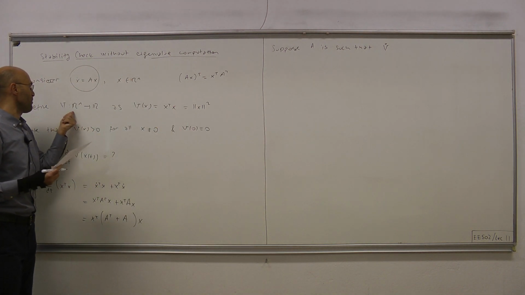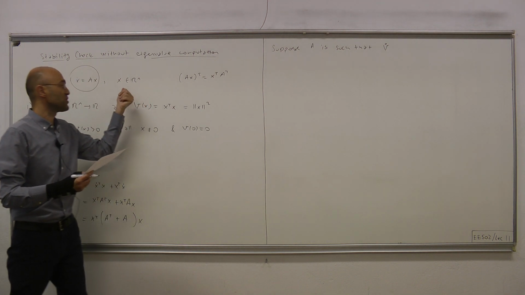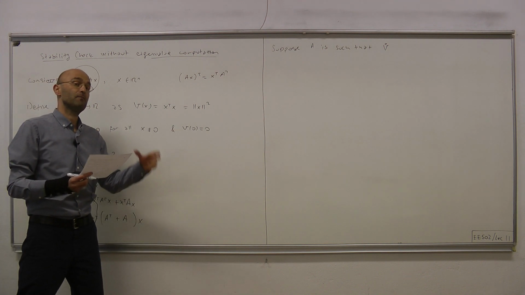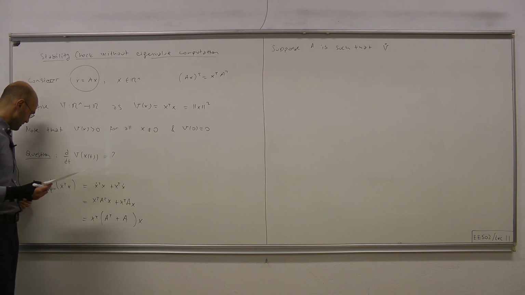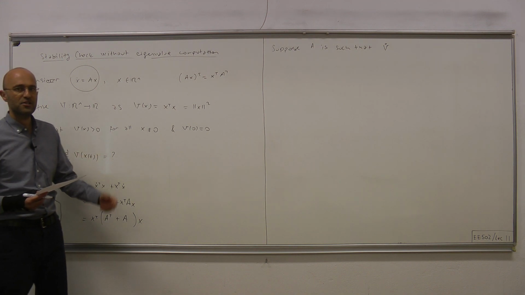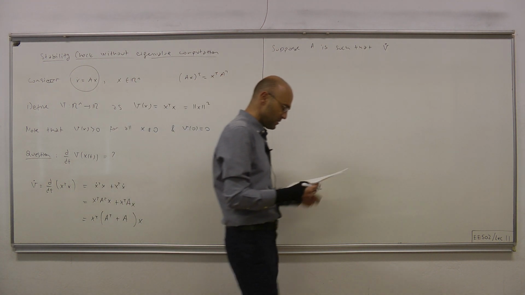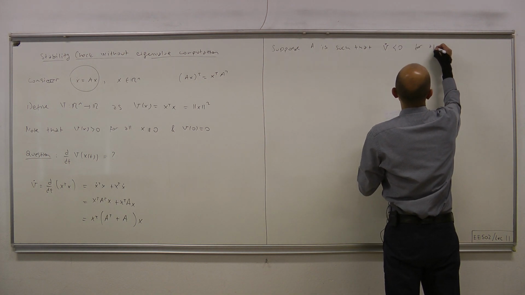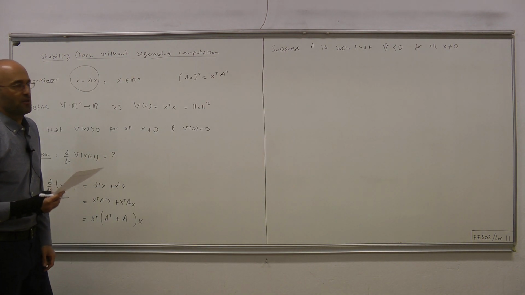V is a function from Rn to R. And then what we do is we pass the solution x of t of the system through that function. And that generates a scalar function of time, V of x of t. And then we differentiate that with respect to time, and we obtain V dot, again a scalar function. Now, suppose A is such that that derivative V dot is less than 0, negative, okay, for all x different than 0.